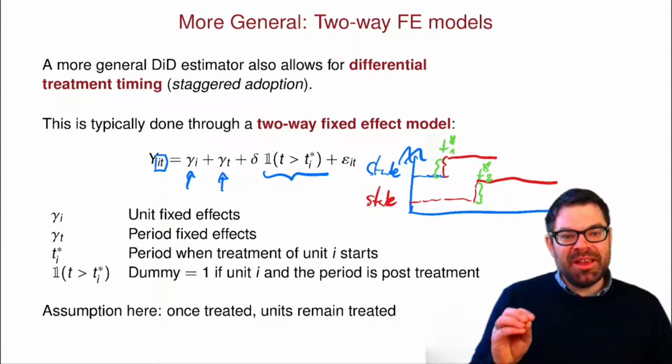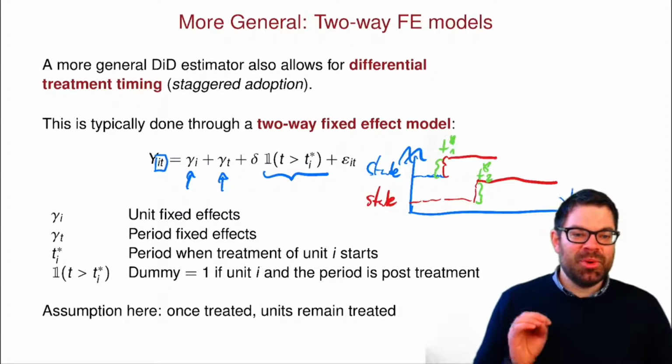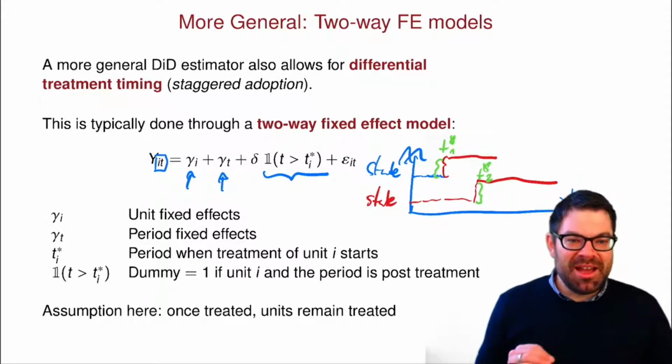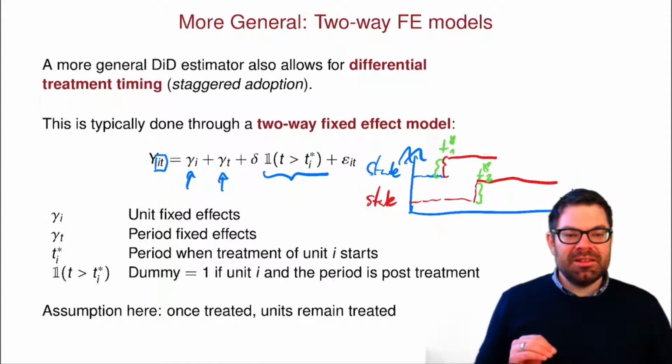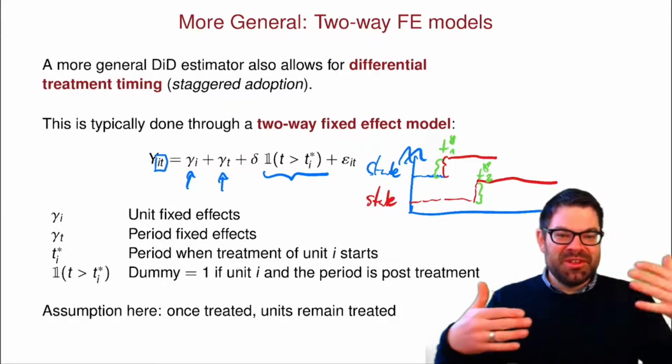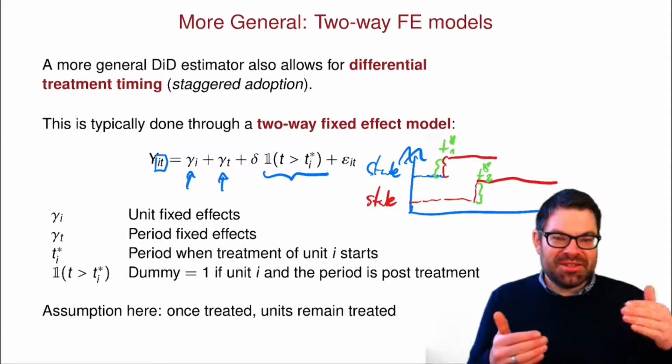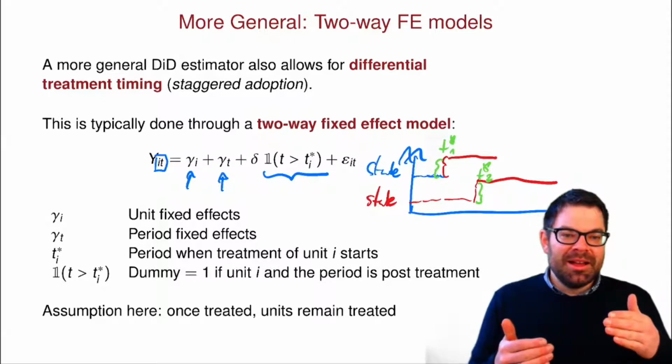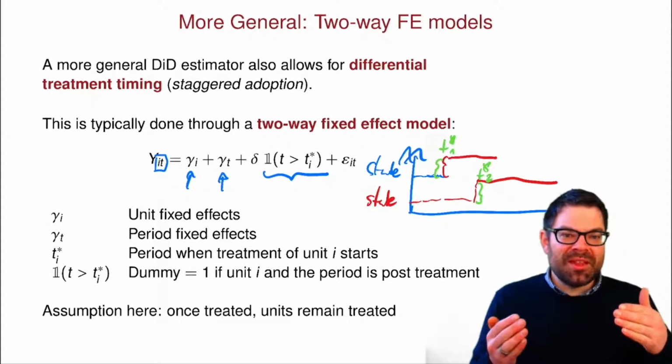And there may also be cases, especially in labor and public economics, where the treatment level changes over time. Take, for example, changes in minimum wages over time, with subsequent changes every couple of years. States change their minimum wage, or think about tax rates.